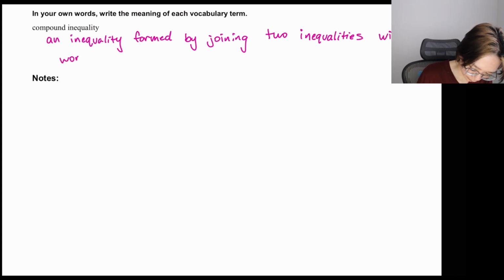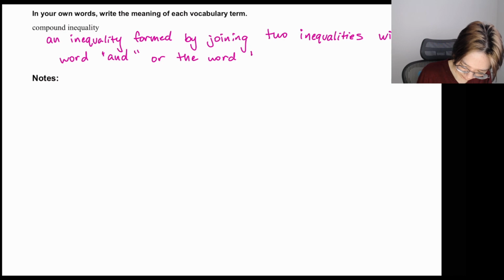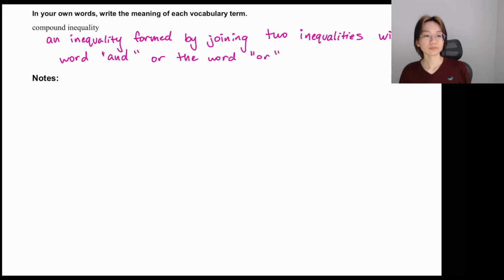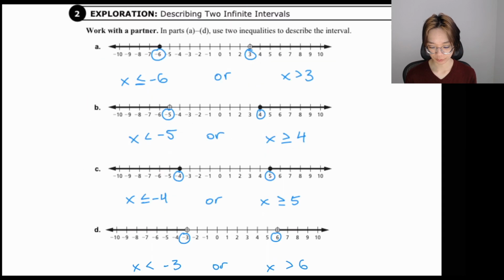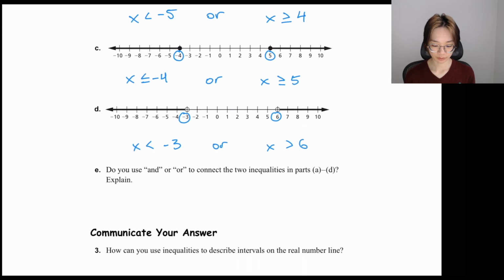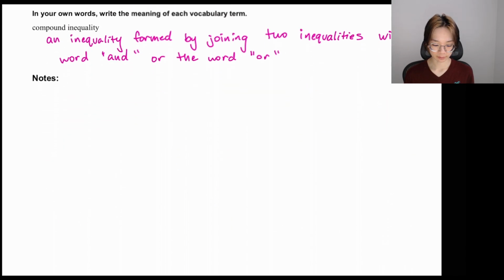A compound inequality is an inequality formed by joining two inequalities with the word and or the word or. So that's basically what we just did. We made compound inequalities just now. All the way back up here, we have two inequalities joined by the word and or joined by the word or. So these are all compound inequalities. We just made 8 of them.